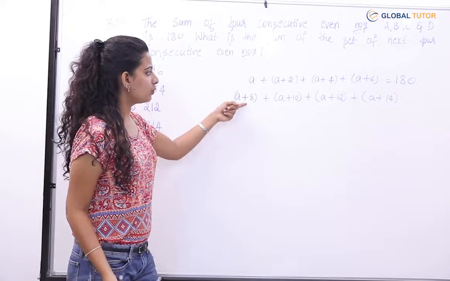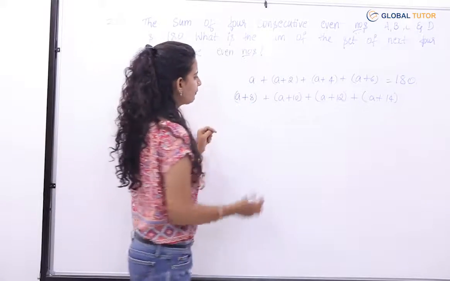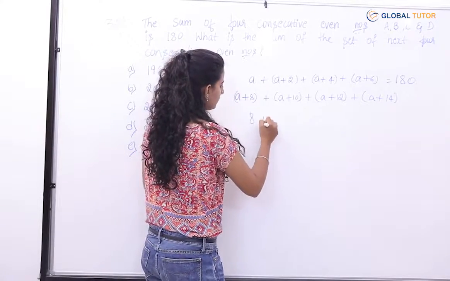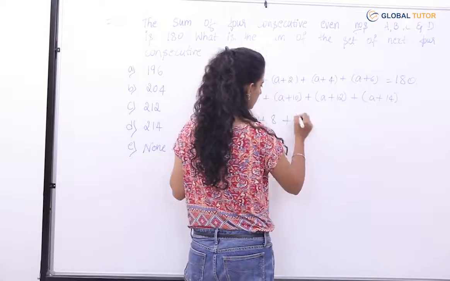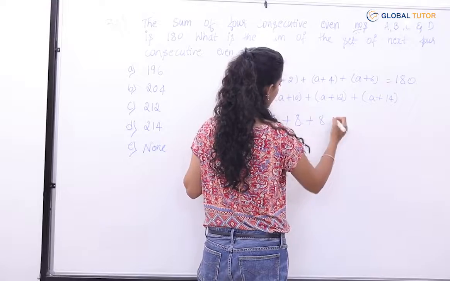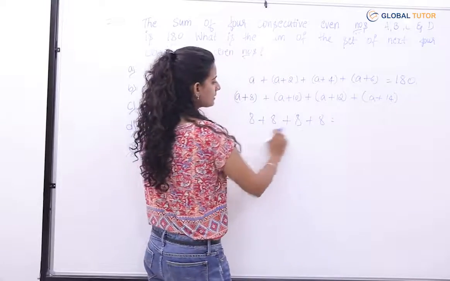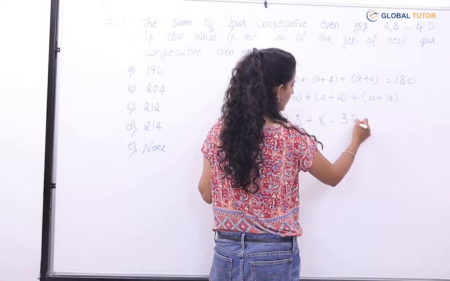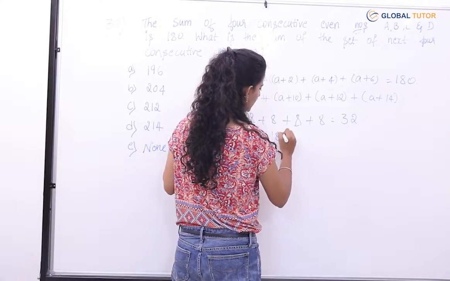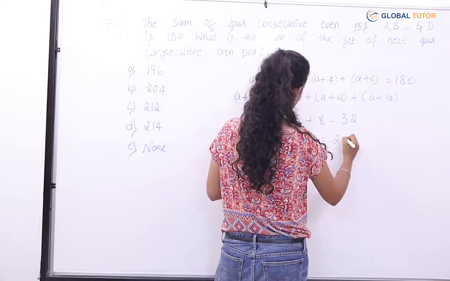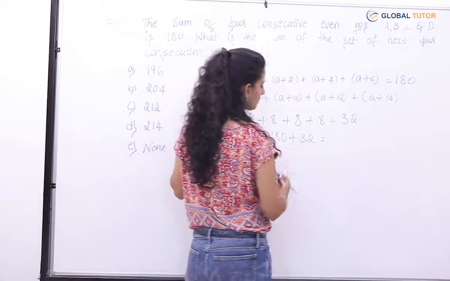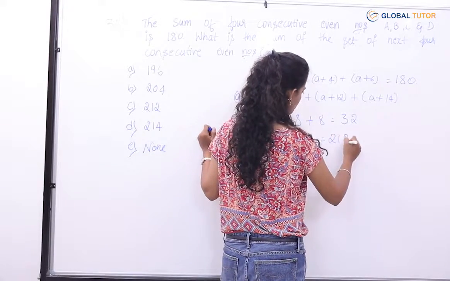Now, what is the difference? Here we have 8 added. Similarly, here also 8 added and 8 added, and 8 added. So the total added is 32, right? So it is 180 plus 32, which is 212.